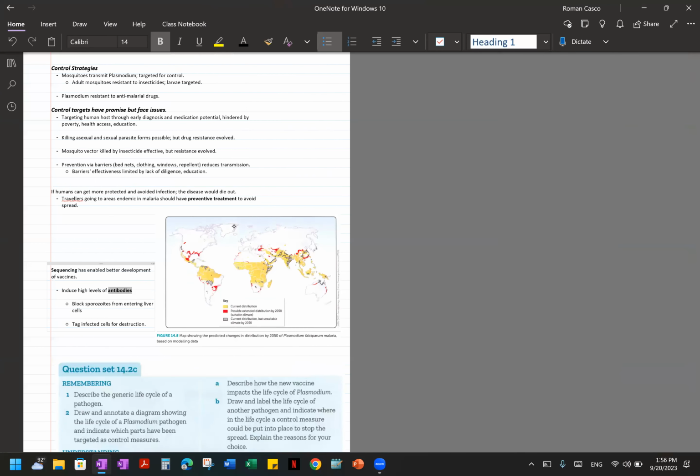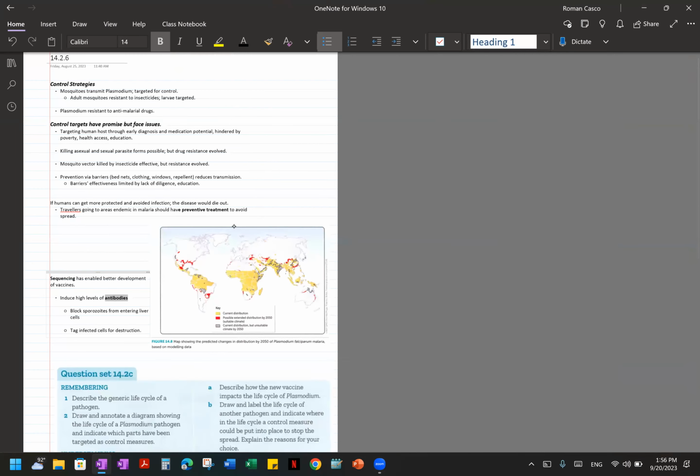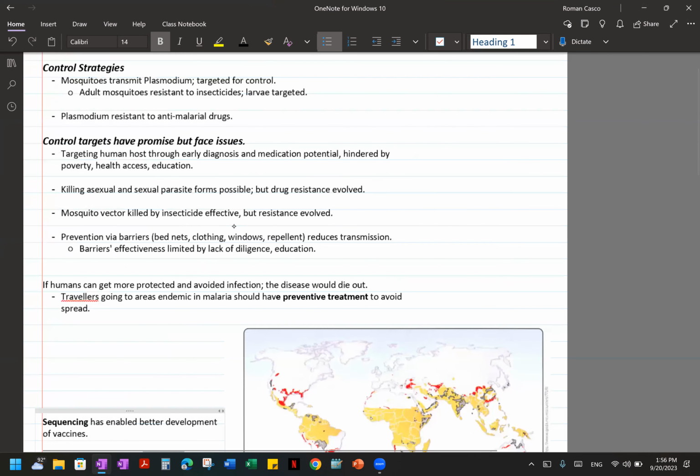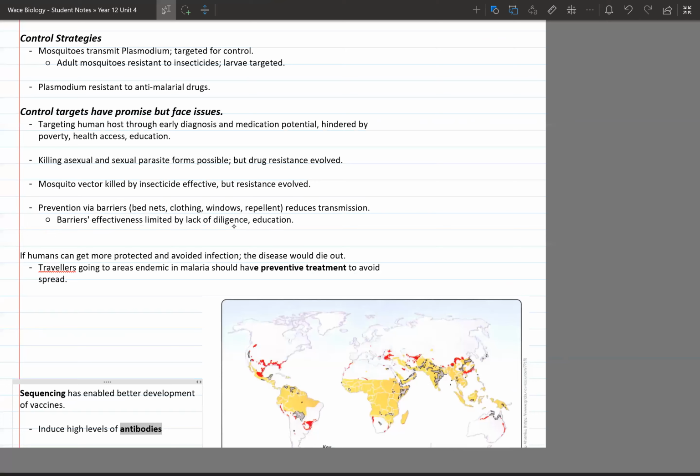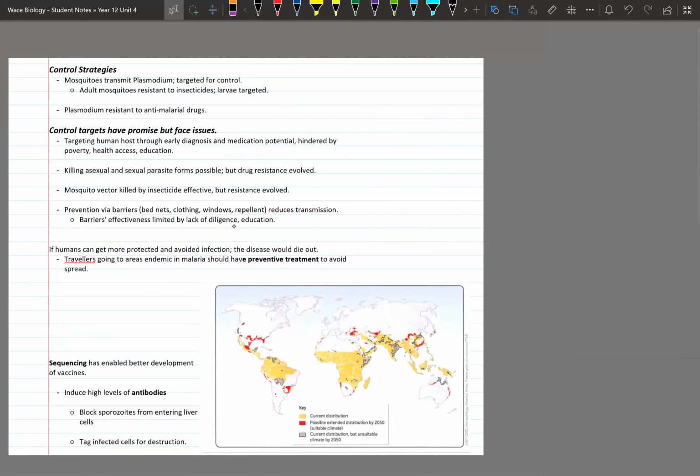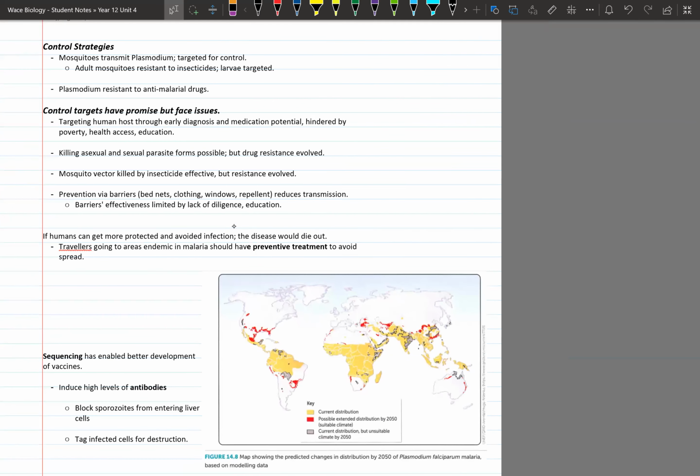And I'll finish off just with these little control strategies, moreover related to mosquitoes and mosquito-borne diseases, right? We've always been talking about Plasmodium and mosquitoes there, widely targeted for control in many countries.